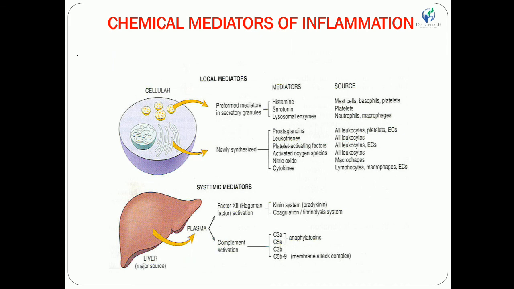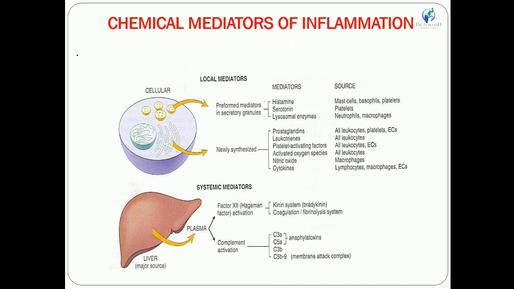The mechanisms may involve enzymatic inactivation, the presence of certain antioxidants, certain regulatory proteins, or they may even decay spontaneously. Okay, so these are the basic characteristics of those mediators, and all inflammatory reactions involve such kinds of mediators.